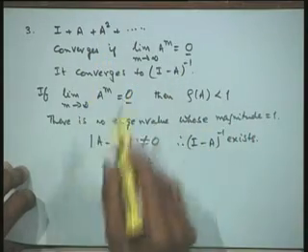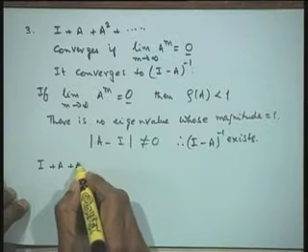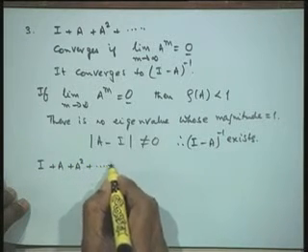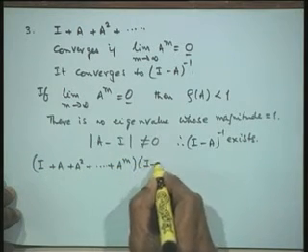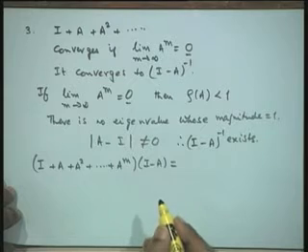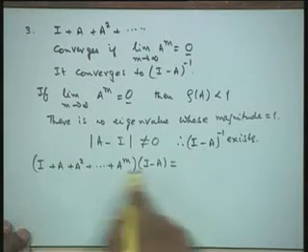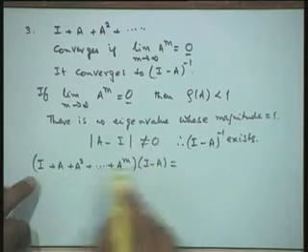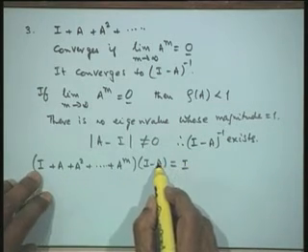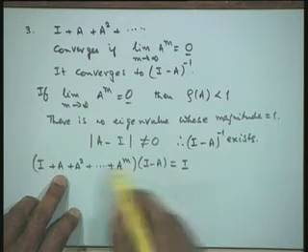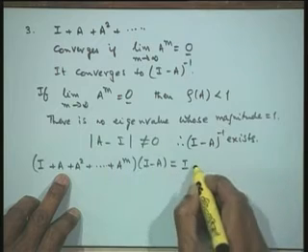Now we will show the second result. What I do is I will take this equality and multiply these two terms: I plus A plus A square up to A to the power of m, into I minus A. Let us just multiply it out. I into I gives I. Then I into minus A plus A into I: minus A plus A cancels. Similarly, minus A square plus A square cancels, except the last term.